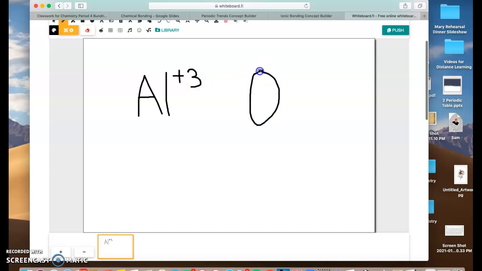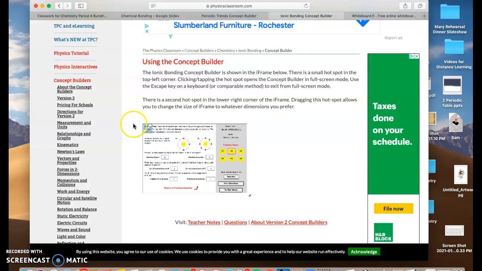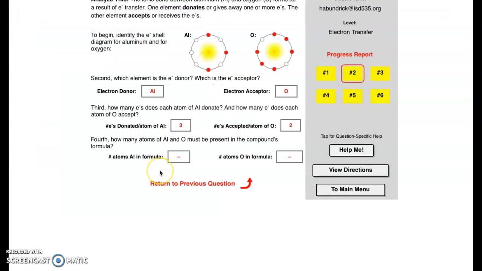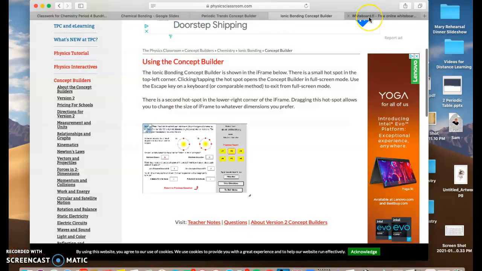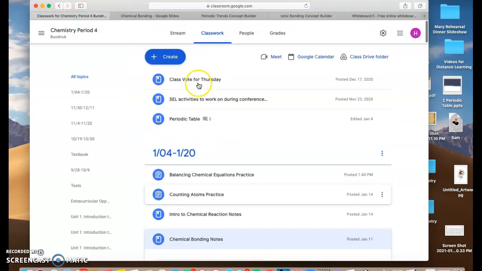Oxygen has a -2 charge. So basically what it's asking is how many of each element are you going to need in order to get your charges to cancel? And the way that I found the charges is by looking at the periodic table.